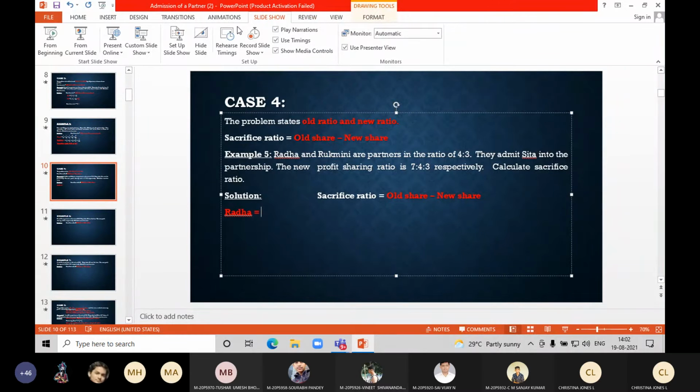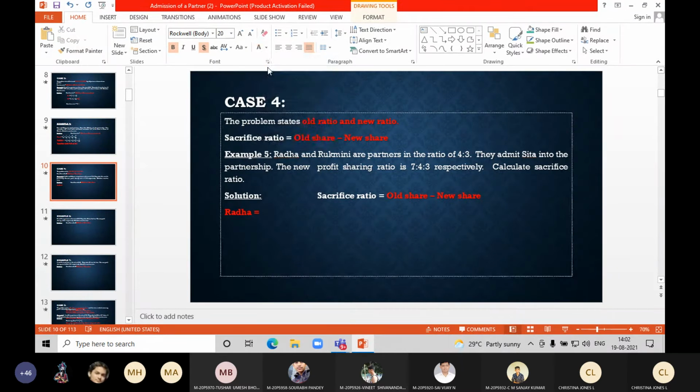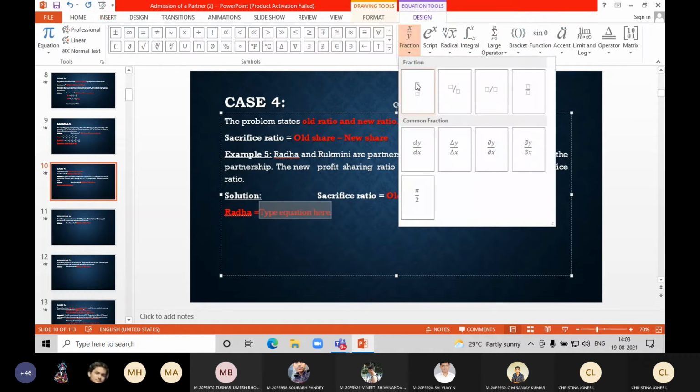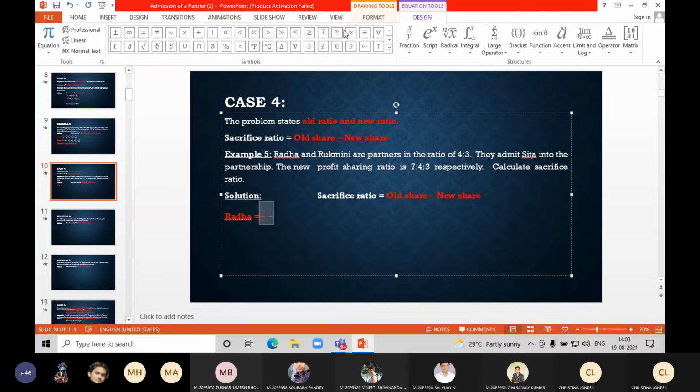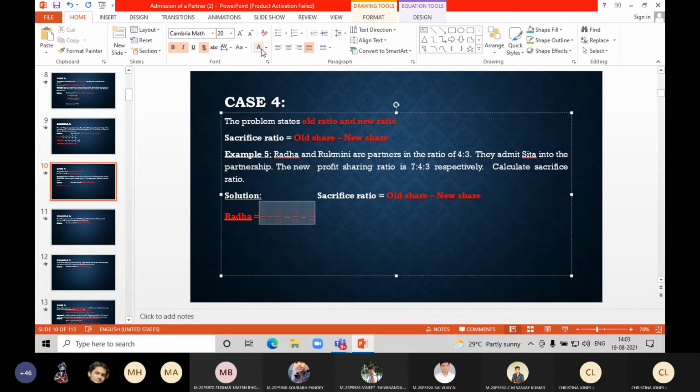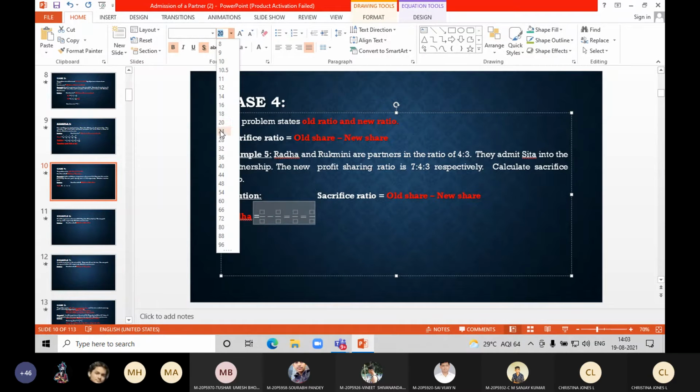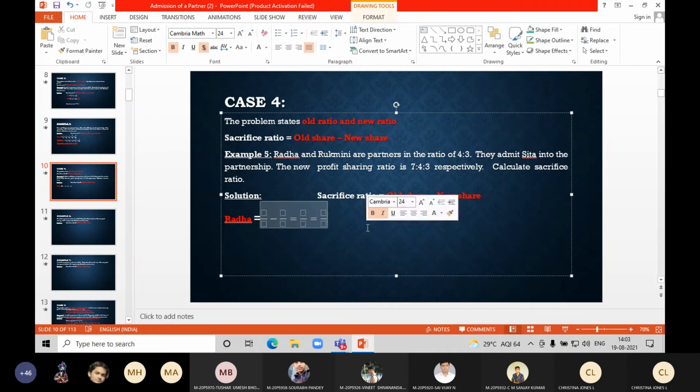Okay, so we'll start with Radha. For Radha, old share minus the new share will give you the share sacrificed.